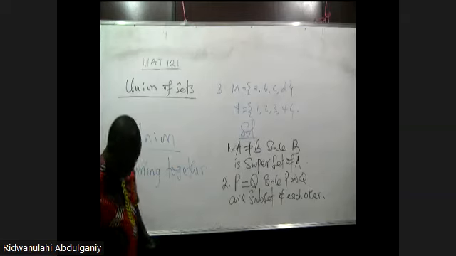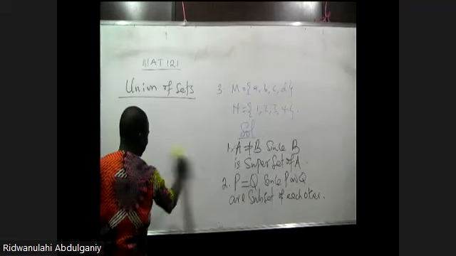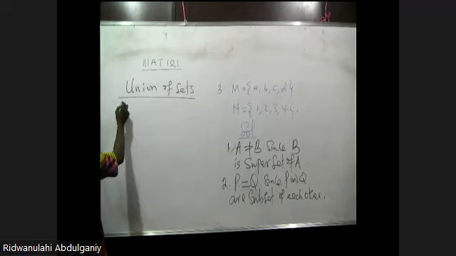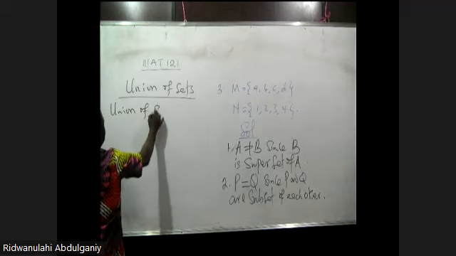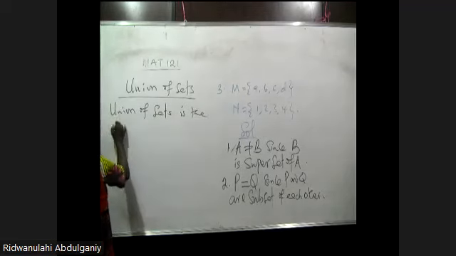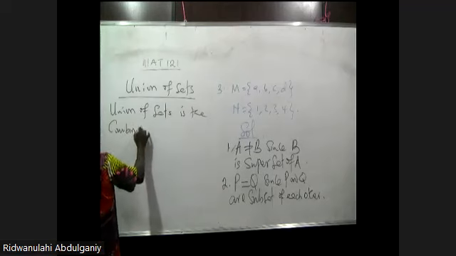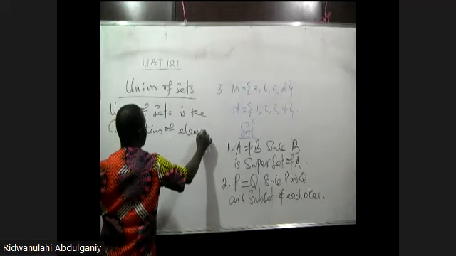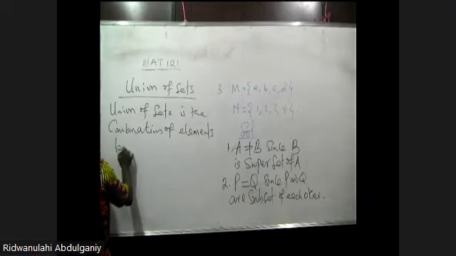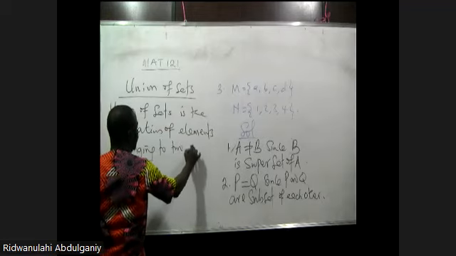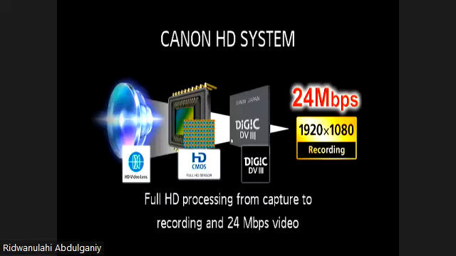So let me now define: union of sets is the combination of elements belonging to two or more sets.